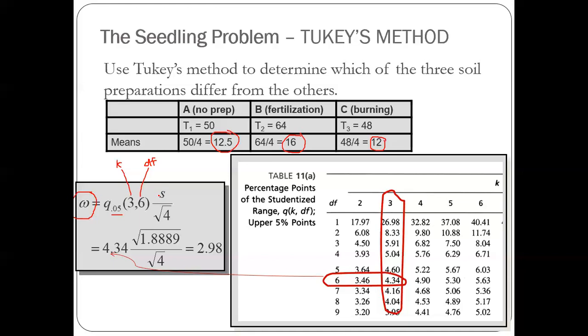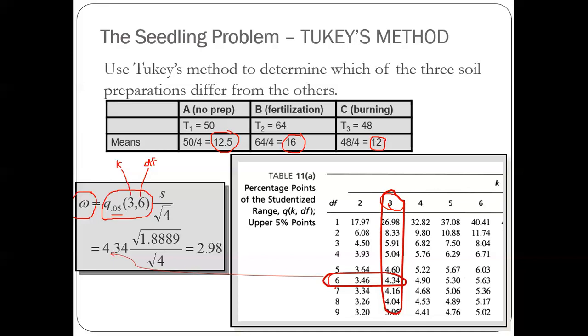Okay, so now how to get this value? We refer to the Tukey table. First, the degree of freedom of K is 3, so this one. The value of K is referred to the degree of freedom of the numerator, and the 6 is referred to the degree of freedom of error.